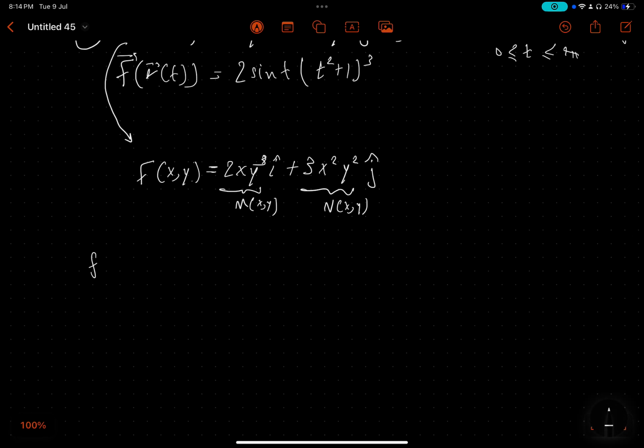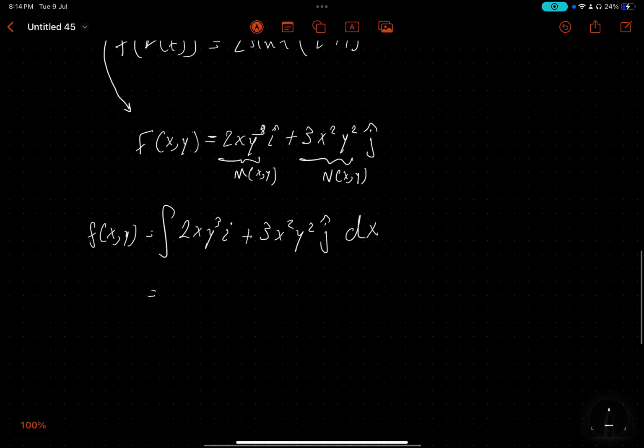Okay, let's integrate the function 2xy cubed i plus 3x squared y squared j. Let's start with dx.